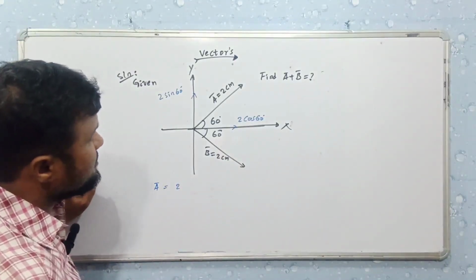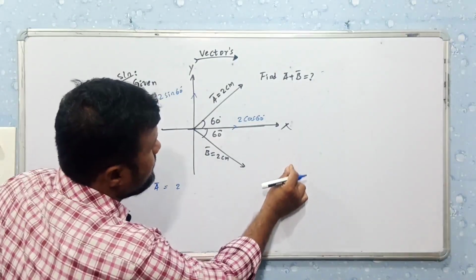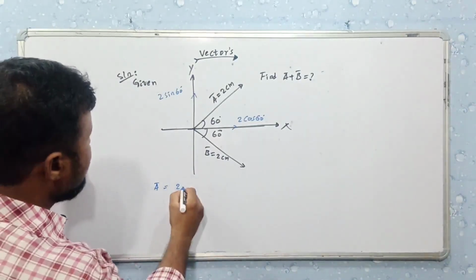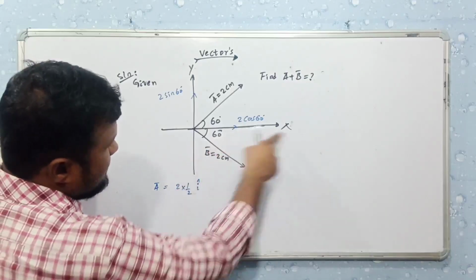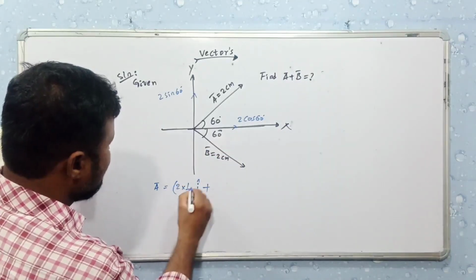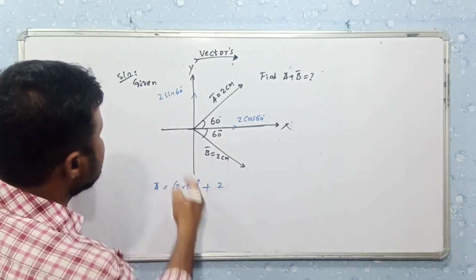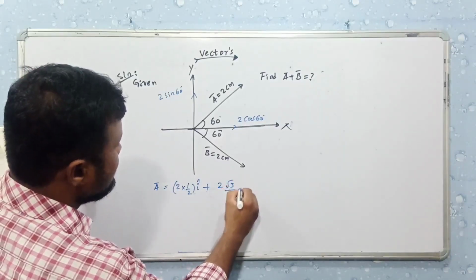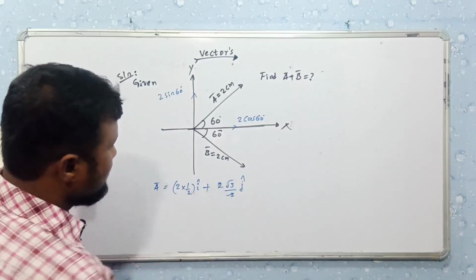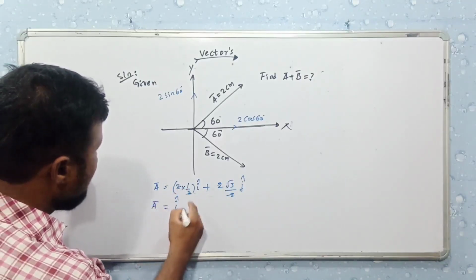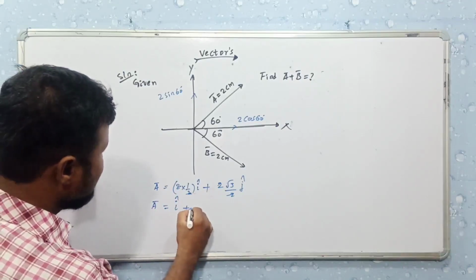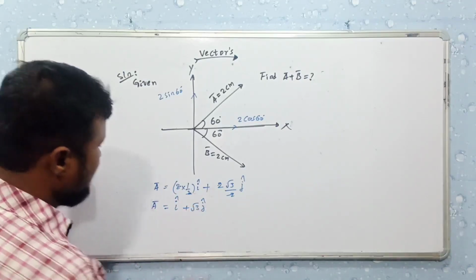Cos 60 is how much? 1 by 2 only. So 2 into 1 by 2 i cap along the x-axis, plus 2 sin 60, root 3 by 2, j cap. 2 and 2 get cancelled. So A bar is equal to i cap plus root 3 j cap.